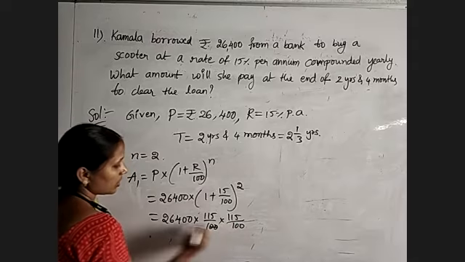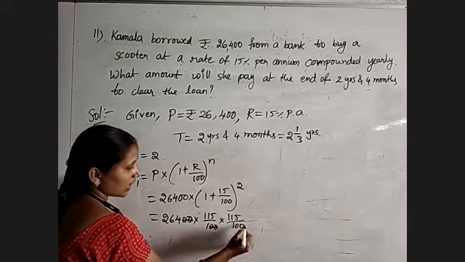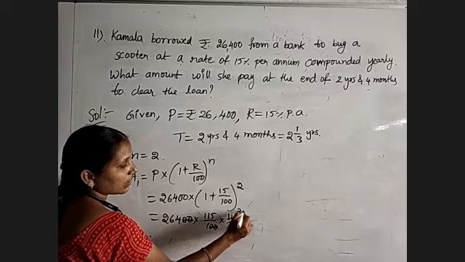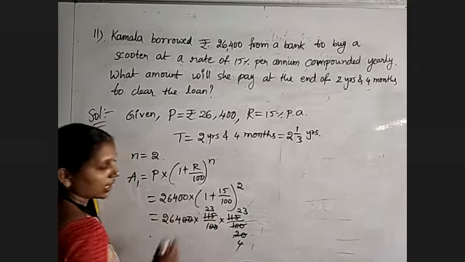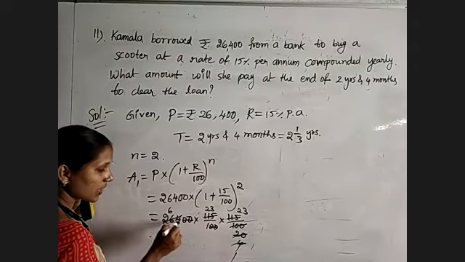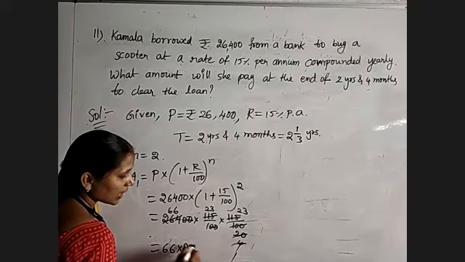Two zeros we cancel. Now do the calculation: 5 2s are 10, 5 3s are 15, 5 4s are 20, 5 23s, and 4 6s are 24, and this one also 24. So 66 into 23 into 23.